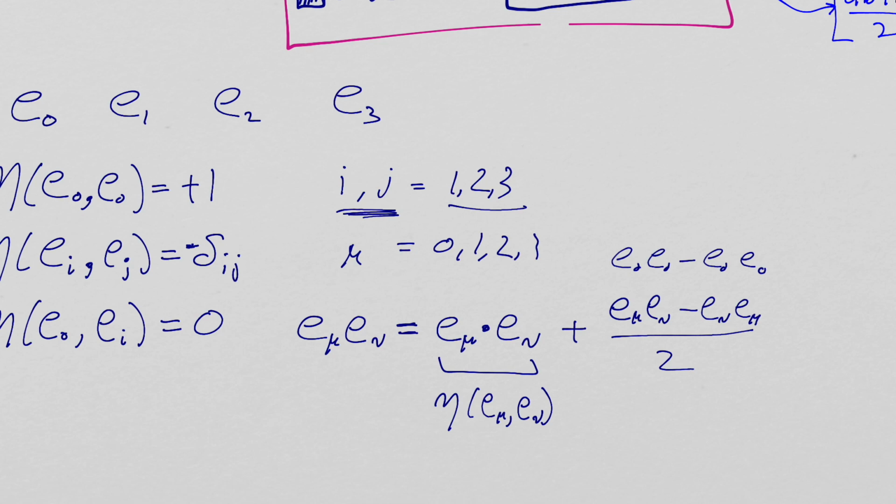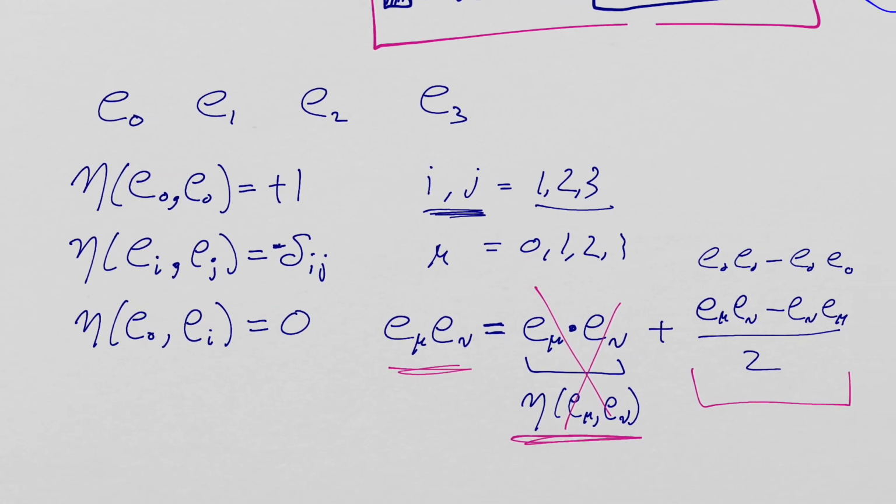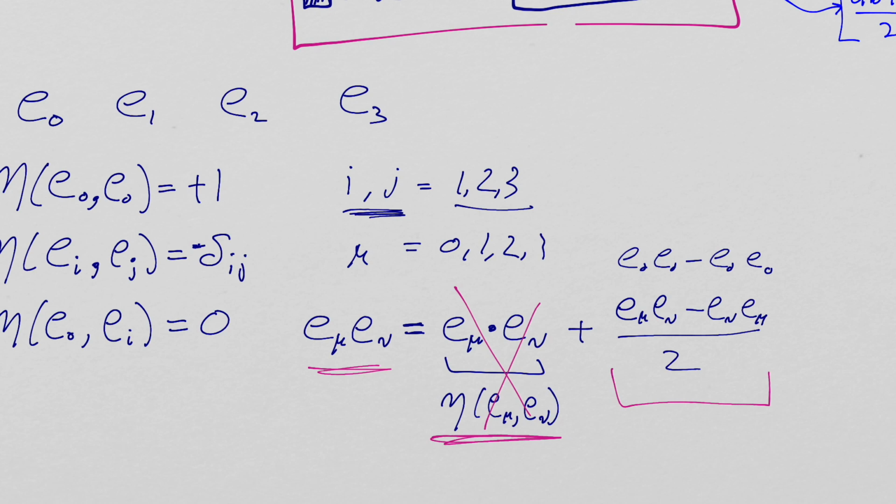On the other hand, if the basis vectors are different, right, then this is driven to zero and this part goes away, and the space-time product between two different unit vectors has to live entirely over here, right, in the anti-symmetric part. Okay, so those are a few of the lessons we've learned about how these basis vectors work in the space-time algebra, given that we choose this metric relationship. Actually, this would apply to any metric relationship, right? This point here about the symmetry and the anti-symmetry is completely general.